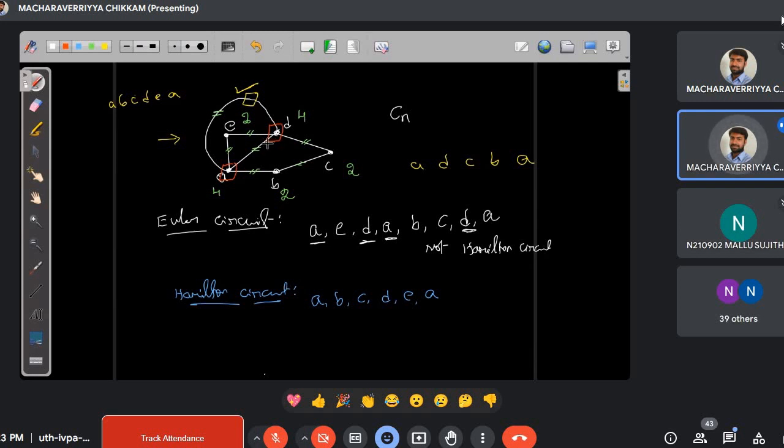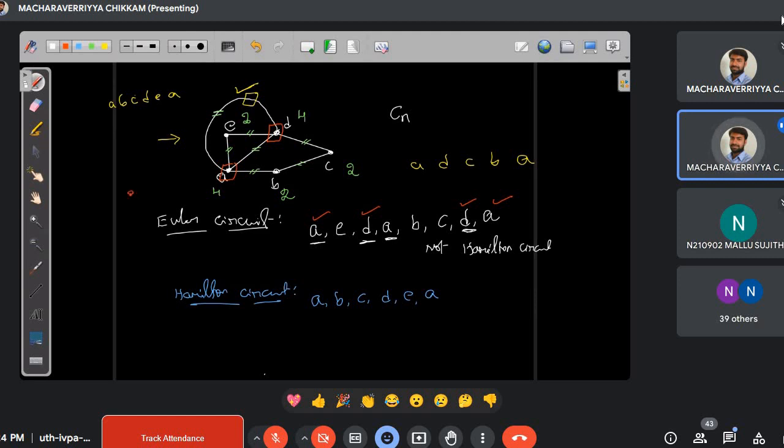Even if you have degree 3, if you want to cover all the edges, that vertex needs to be visited more than once. So for example, in the Euler path that we constructed, how many times did D get visited? You can see that it is visited 2 times, and it is of degree 4.